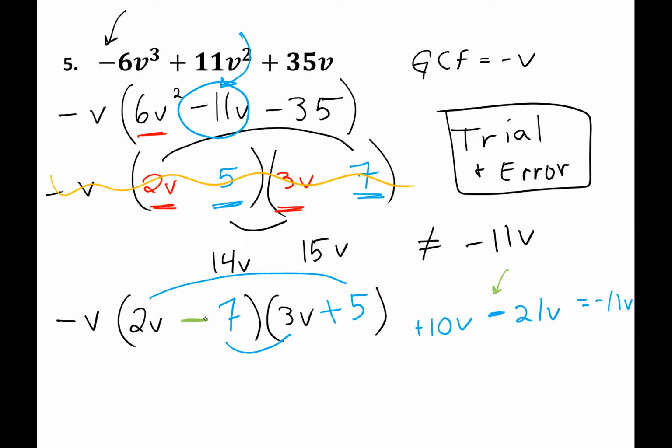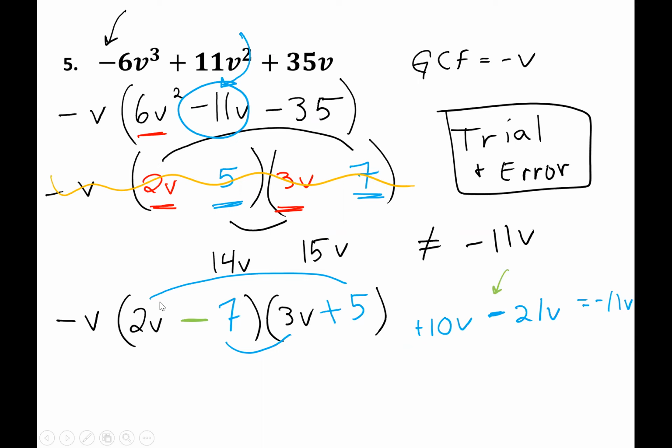If the working backwards thing is confusing, just try something. And if it doesn't work, try the other thing. So just make a guess. One has to be positive, one negative. If you guess incorrectly, then try again. Okay, so my final answer, I have this negative v on the outside, and then 2v minus 7, 3v plus 5 will be my final answer.